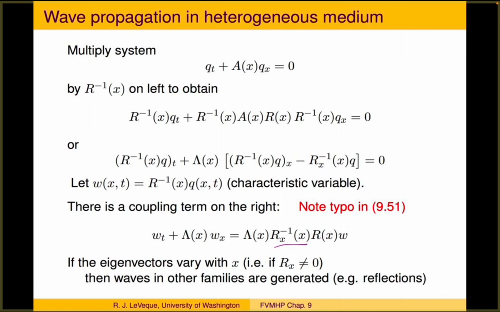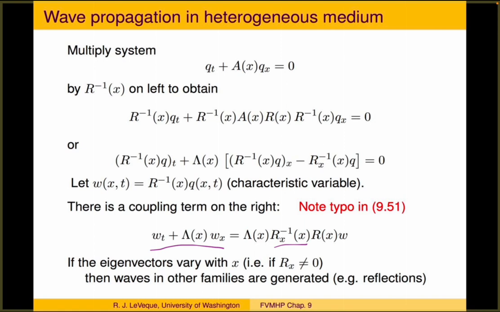So R inverse of x, if that's actually varying with x, then its derivatives come into this term on the right-hand side, which acts as a coupling. On the left-hand side, we have what looks like decoupled scalar advection equations for each component of w, but unfortunately they're coupled by the term on the right unless the eigenvectors are actually constant in space.